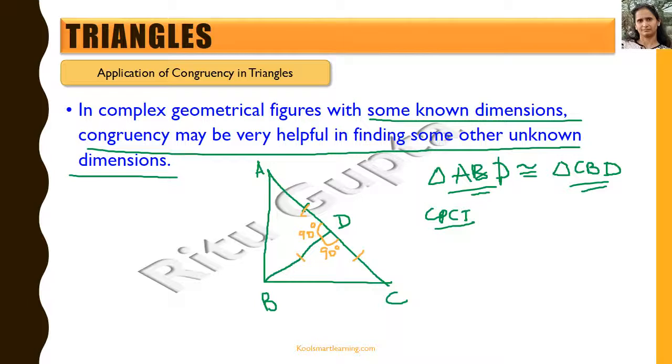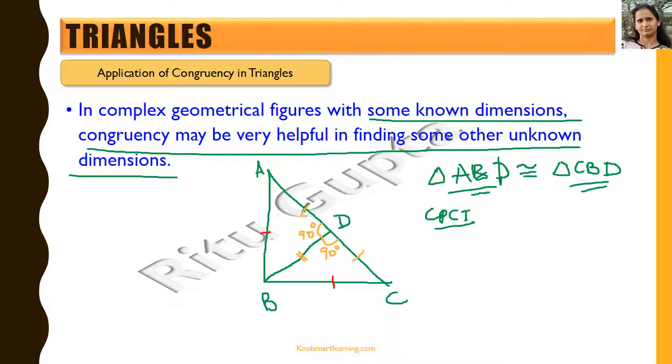Now since we know that these two triangles are congruent, we also know that AB is equal to BC, right?